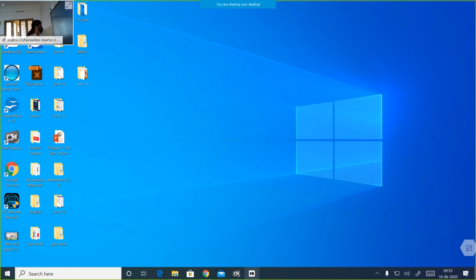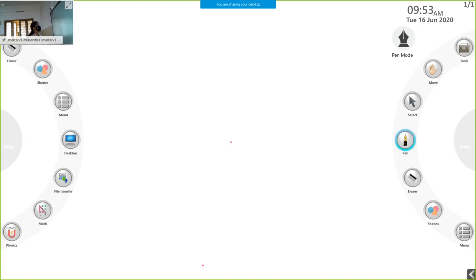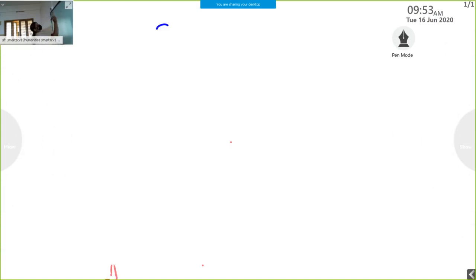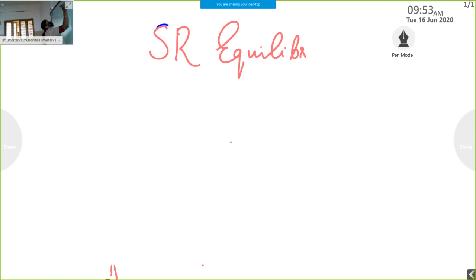Yesterday we started short run equilibrium level of income.